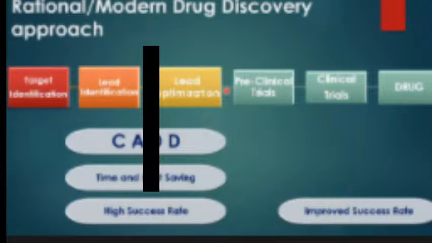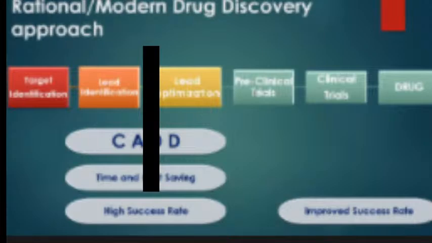After optimizing, you synthesize it and go to real in vitro or in vivo studies. Then come preclinical trials, and the process is like the traditional discovery process. But here, all these steps come under the umbrella of CADD.